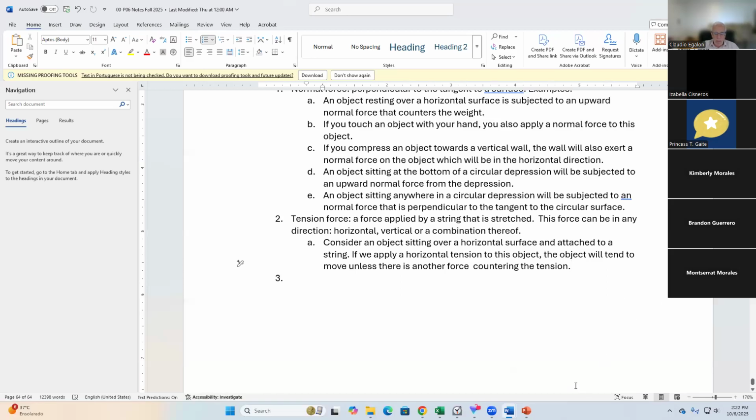Okay, in this illustration here you go. After applying a tension, the object still remains at rest. This means that there is another force countering it.